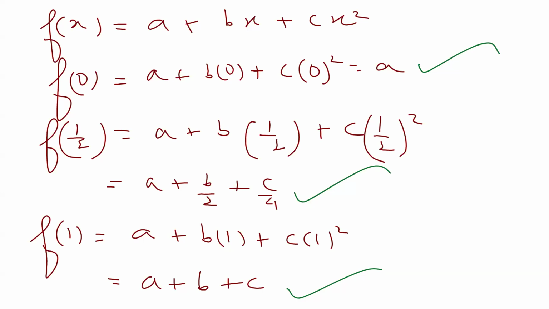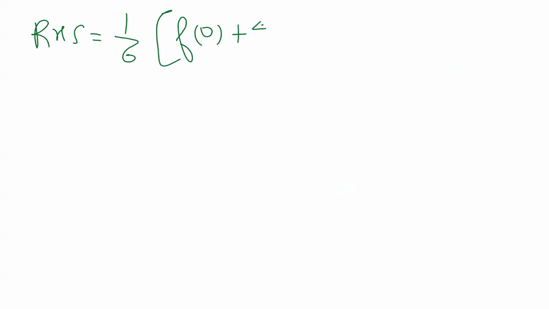Okay. Now we will start with the RHS. Right hand side, 1 by 6 times f of 0 plus 4 into f of half plus f of 1.